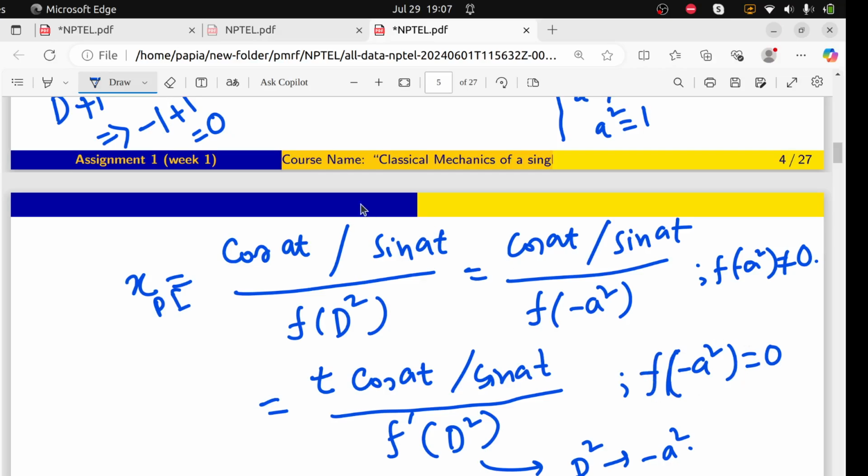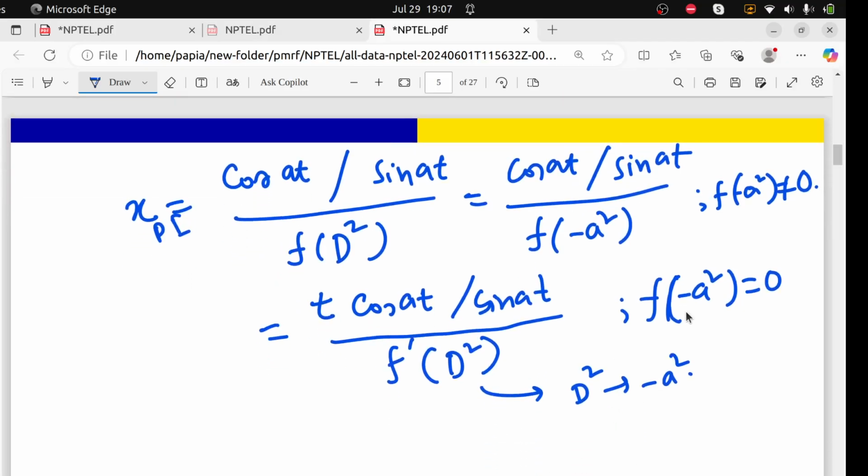Now coming to the next condition. For my case, as I can see, f of minus a square equals 0, so I can't use this expression. So what do I have to do? I have to take up this other solution. So what is this solution telling me? This is telling me that if f of minus a square equals 0, if in the denominator it is coming as 0, then you have to do one thing.